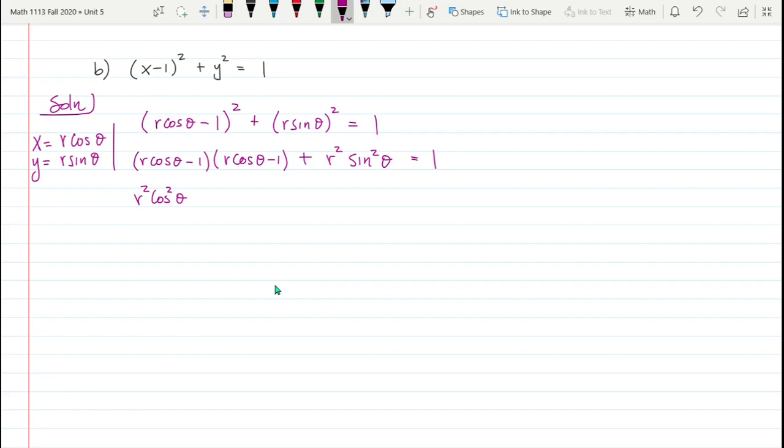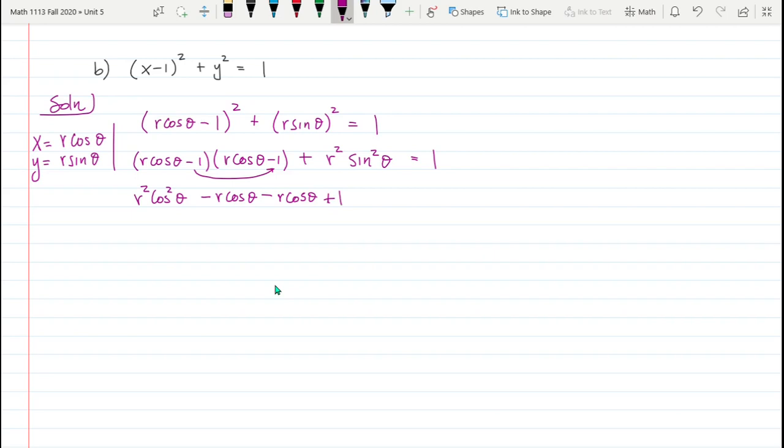Then r cosine theta times -1 is minus r cosine theta. Then -1 times this is where I'm at next. It's the same thing, negative r cosine theta, and then -1 times -1 just becomes plus 1, right?